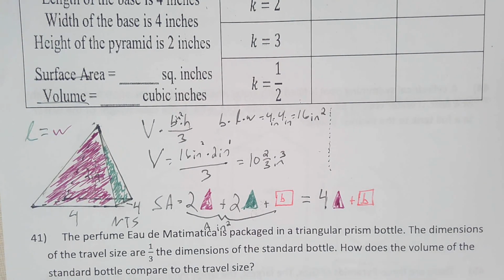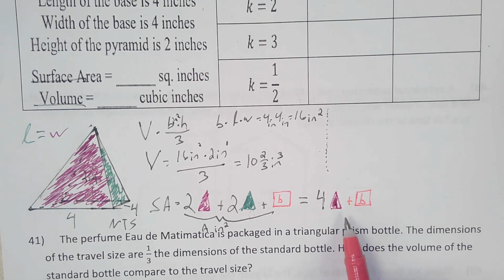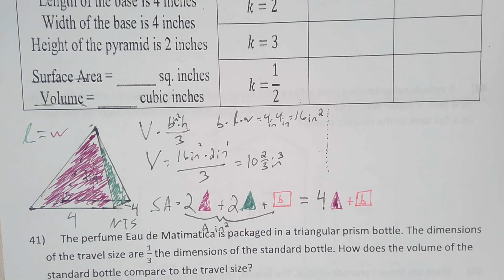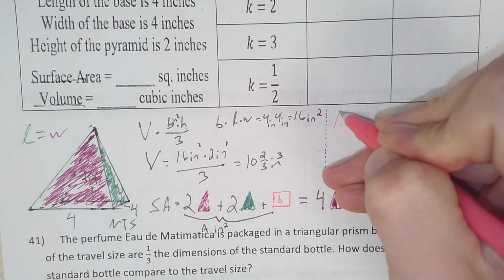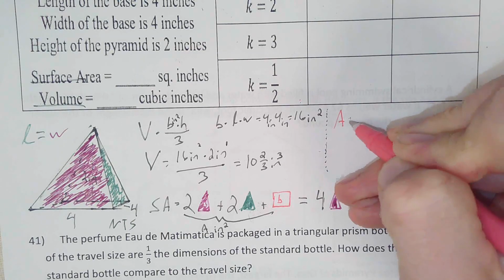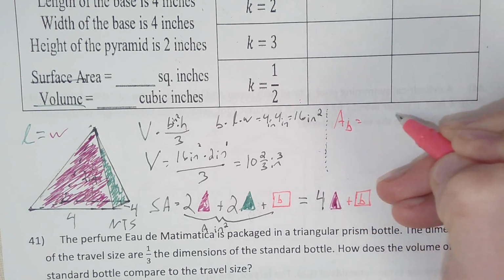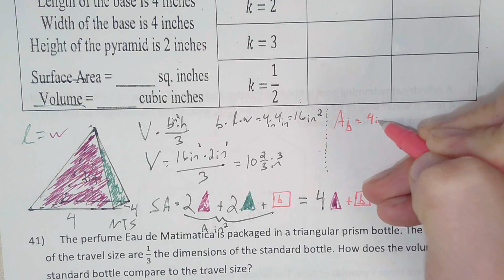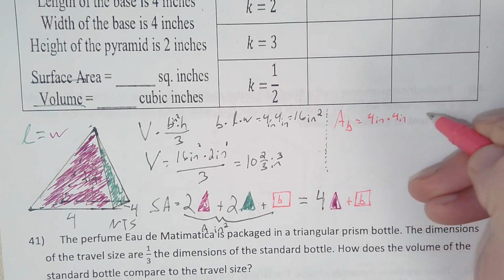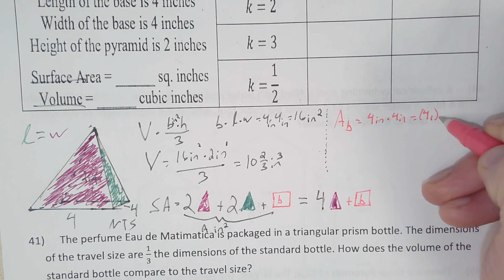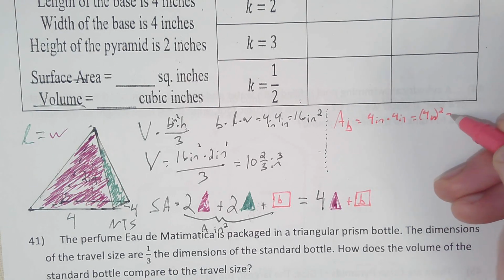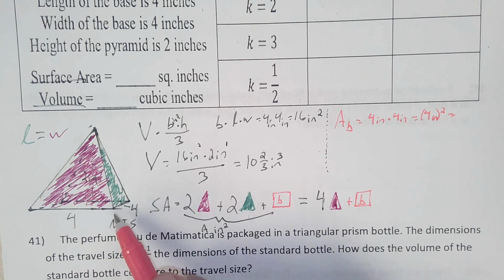So how can I do this one? First, let's figure out the base. All right, so the base is 4 times 4. So the area of the base equals 4 inches by 4 inches, which is 4 inches squared, which is, hey, it's a square. 4 and 4.